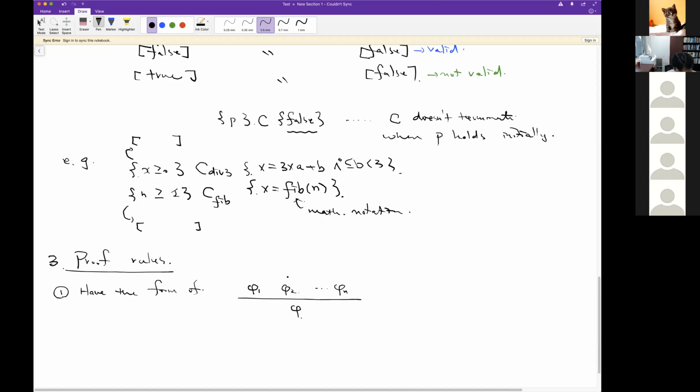Typically, these v's are partial correctness triples like P, C, Q. In the case that we are talking about, the conclusion is always going to be a partial correctness triple like P prime, maybe some other command D, and Q prime. Sometimes one of these premises is going to be about the validity of some assertion. So we write down some assertion P, but this means that P is always true.